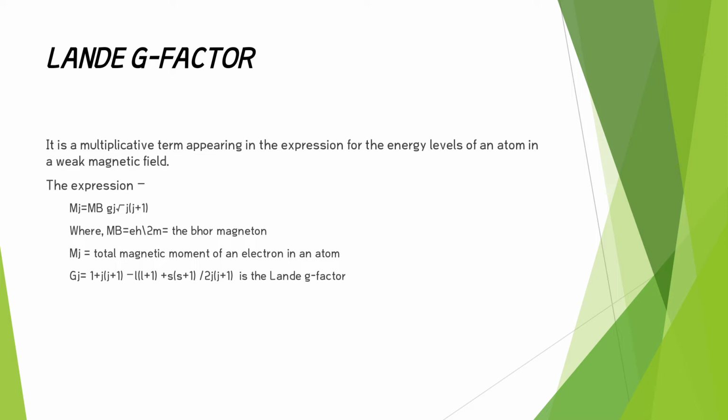Landé G factor is a multiplicative term appearing in the expression for the energy levels of an atom in a weak magnetic field, and it is denoted by Gj, where Gj is equal to 1 plus [j(j+1) minus L(L+1) plus S(S+1)] divided by 2j(j+1), where j is the total angular momentum, S is the spin angular momentum and L is the orbital angular momentum.